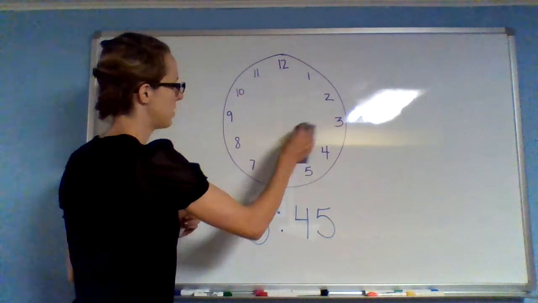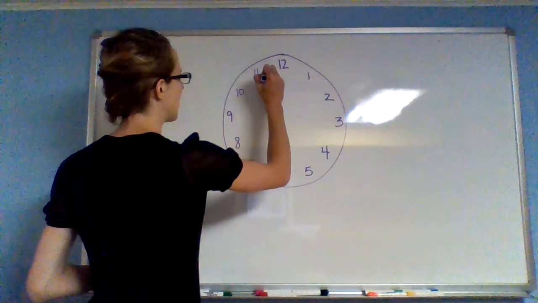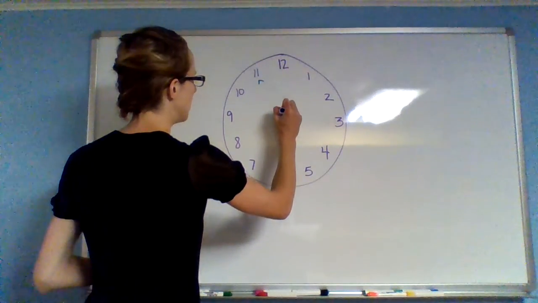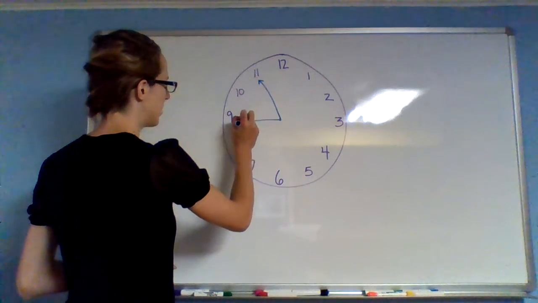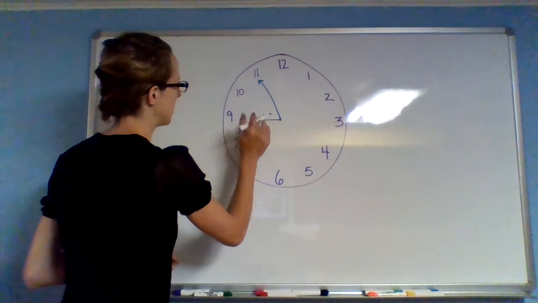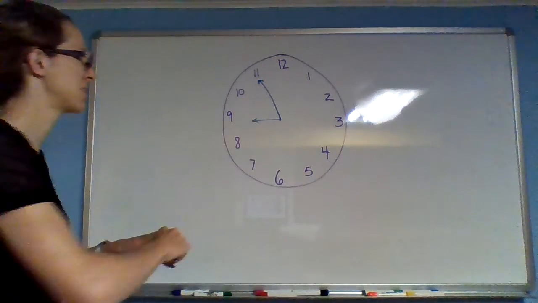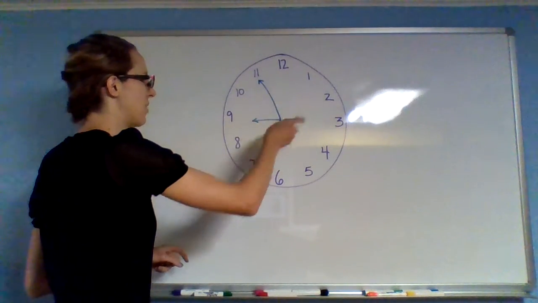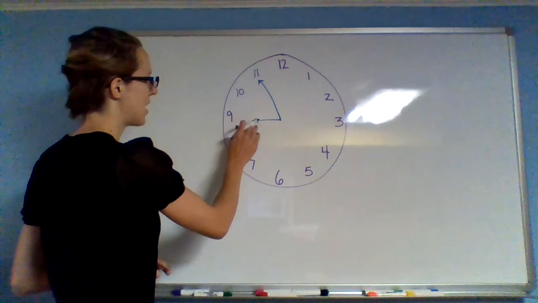Let's try one more going that way. So if the big hand is at the 11 and the little hand, it doesn't look very little, the little hand is almost to the 9, because remember that big hand is going all the way around, it's almost back to where it started. Even though it's almost to the 9, it's not quite there yet.